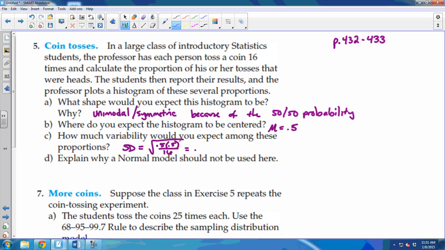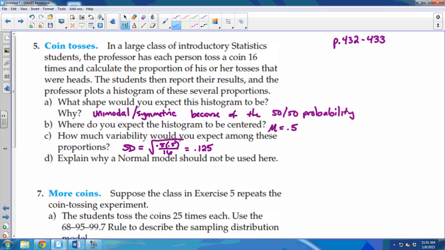Will someone do that with me real fast? 0.125. So within one standard deviation of the mean, I would expect a proportion of 0.375 to 0.625, right? 0.5 plus or minus 0.125.